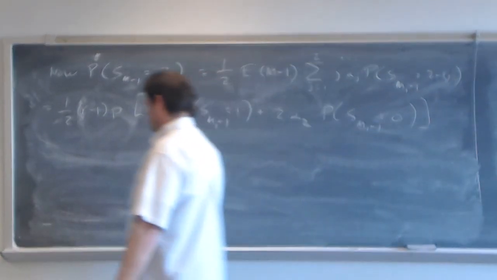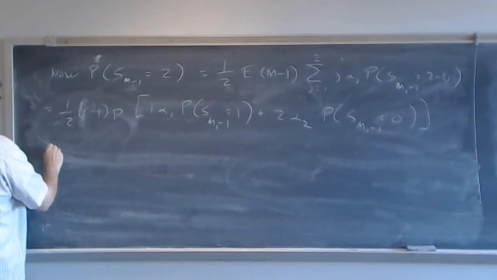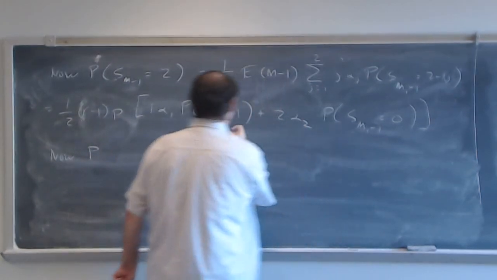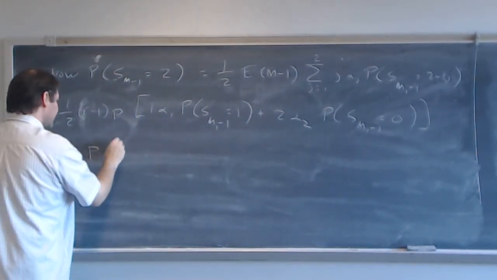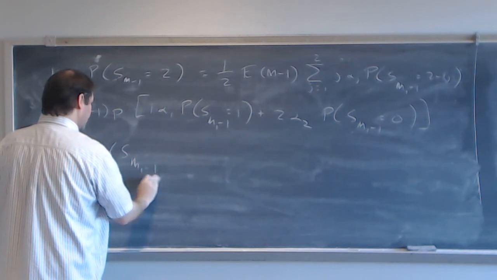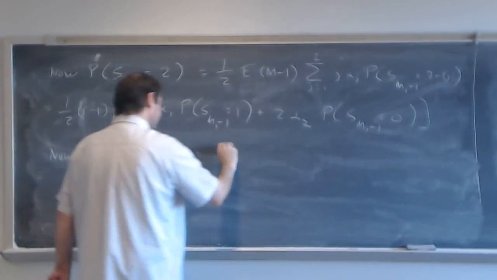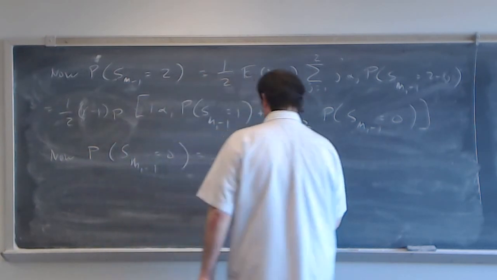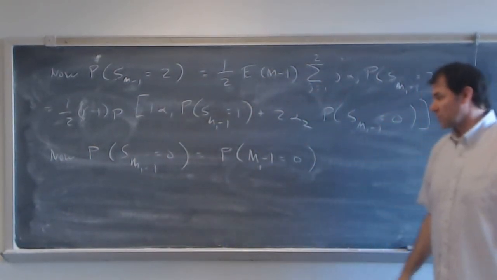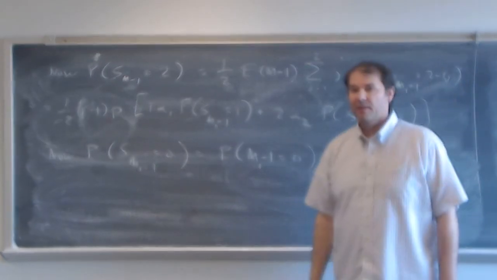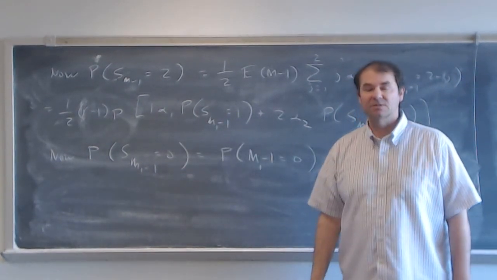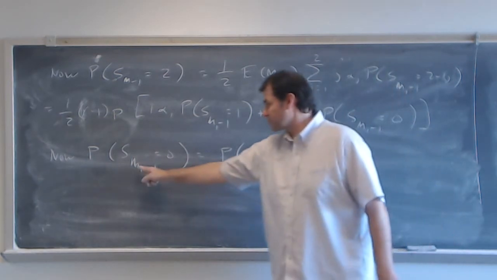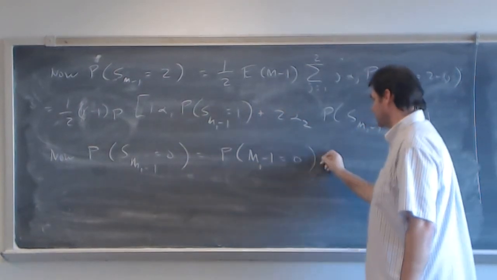All right. Now I need two things, this thing and this thing. The probability that S of m sub 1 minus 1 equals 0 is the same thing as the probability that m sub 1 minus 1 equals 0. That's by the corollary to our fact. Okay, what's m sub 1 minus 1? Well, m sub 1 minus 1 is going to be binomial with parameters. This one was parameters r minus 1 and p. This is r minus 2 and p.